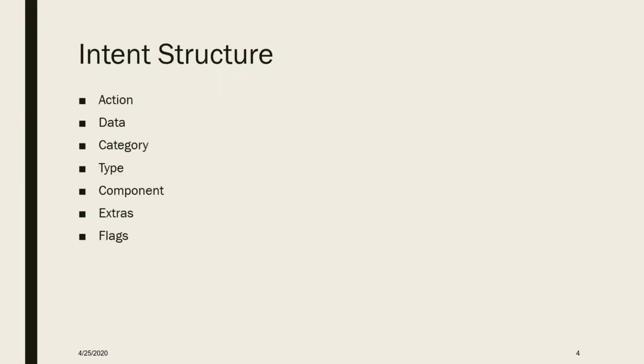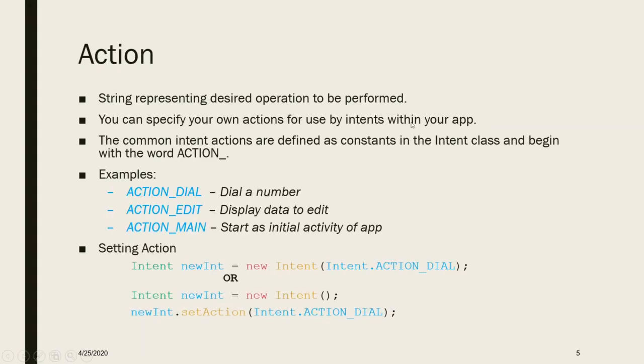So let's talk about the kinds of information that can be specified within an intent. For example, we'll talk about intent fields including action, data, category, type, target component, extras, and flags. An intent's action field is a string that represents or names the operation to be performed.